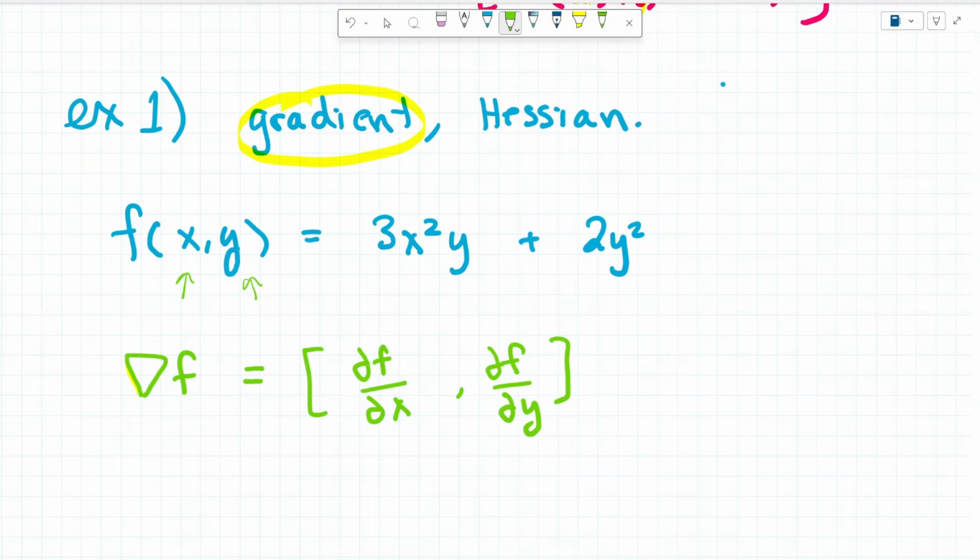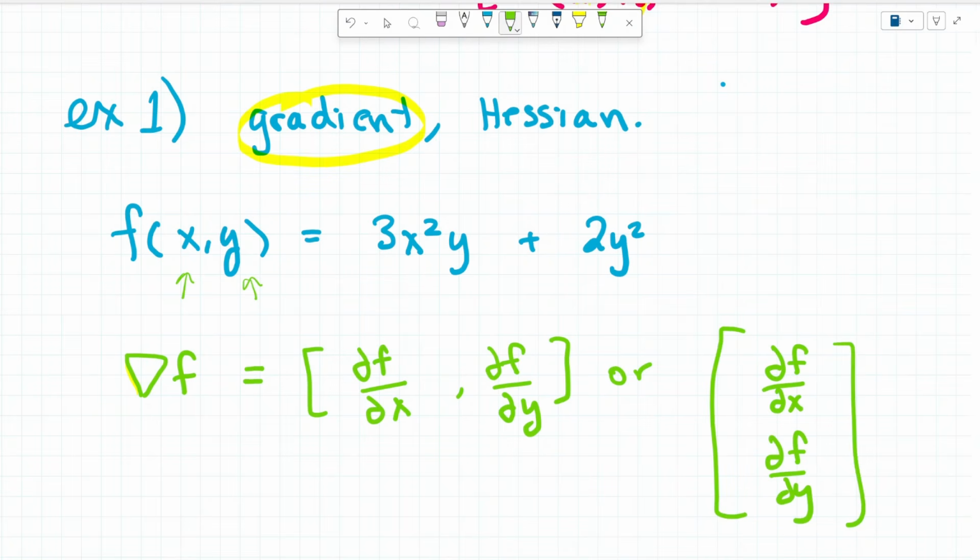Here we only have two independent variables, meaning we only have two inputs. So we can represent our gradient like this, or to be consistent with our first denotation, as a column vector, df over dx and then df over dy.